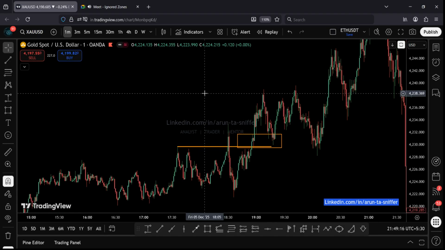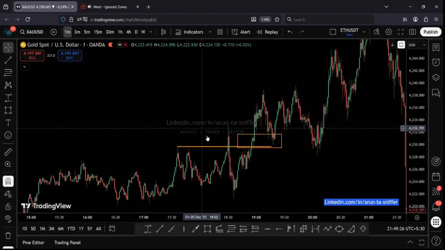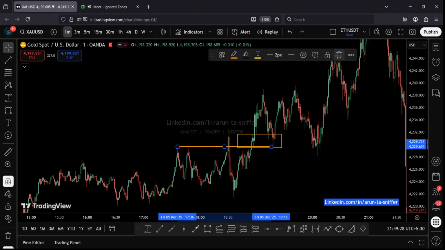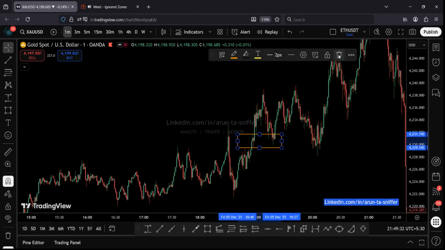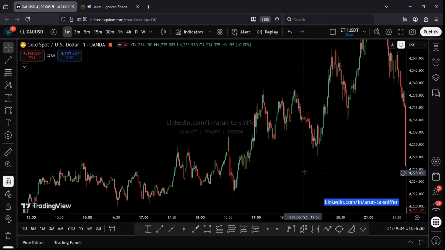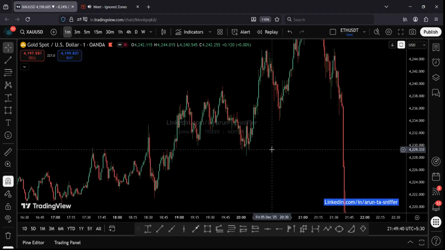Usually in ignored zones, you don't get too much reward, but that is enough for covering your loss or getting 3 or 4 R. That is enough. Let's see an example of one more ignored QM zone.